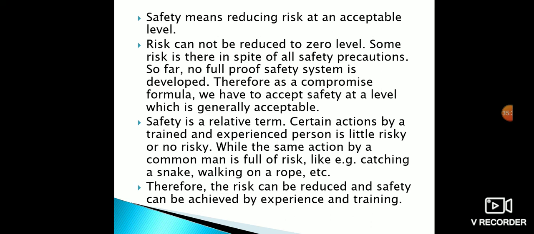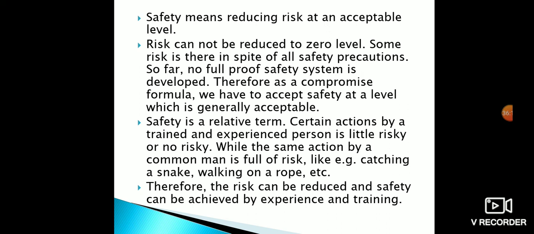Safety is a relative term. Certain actions by a trained and experienced person are little risky or not risky, while the same action by a common man is full of risk.